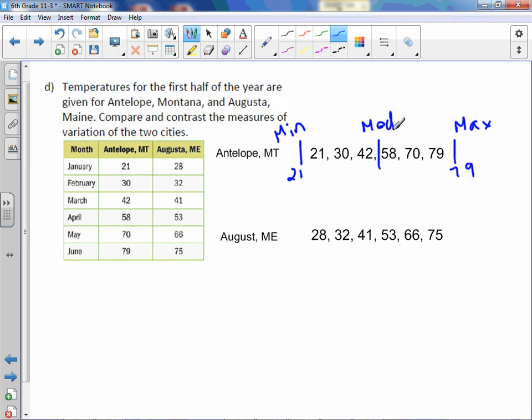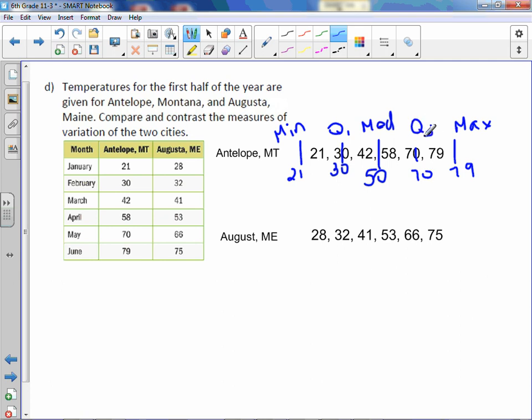Add those two numbers, 42 plus 58. Divide by 2, and we get 50. Since I went in between the numbers here, I didn't go through a number on the median. That means that 58 is a part of this upper region, and the 42 is a part of the lower region. So halfway in between would be 30 as our quartile 1, and 70 as our quartile 3.